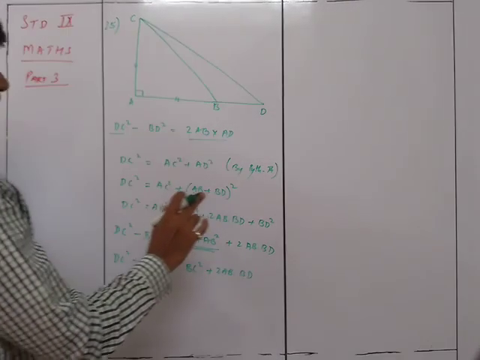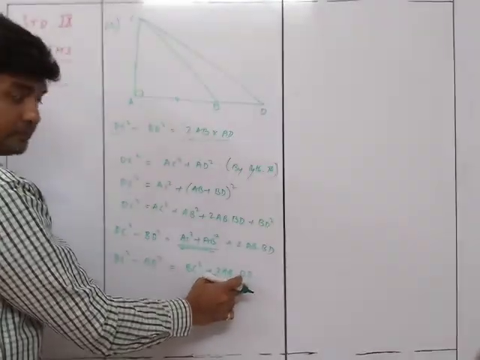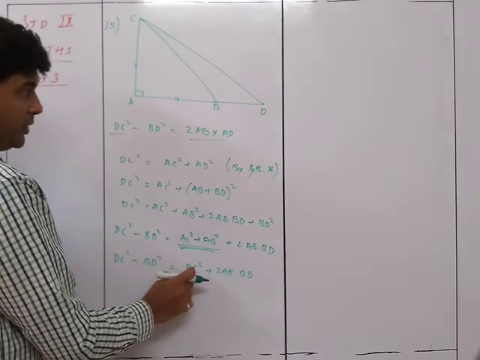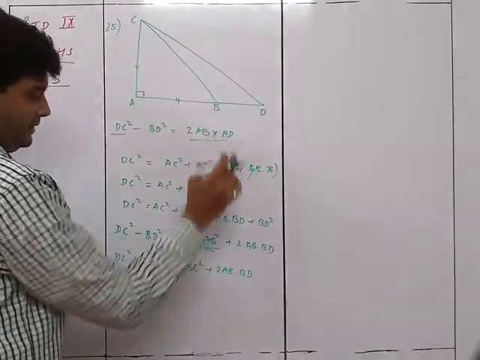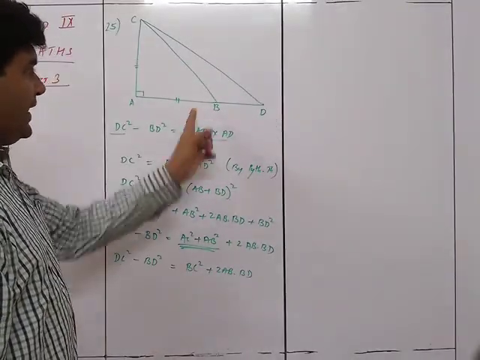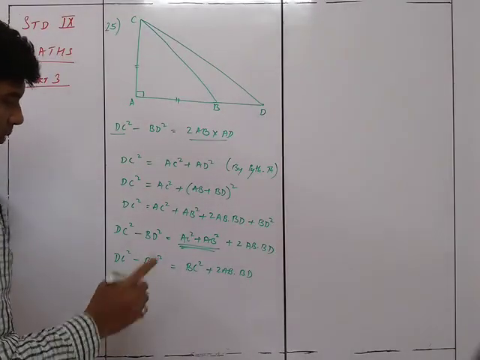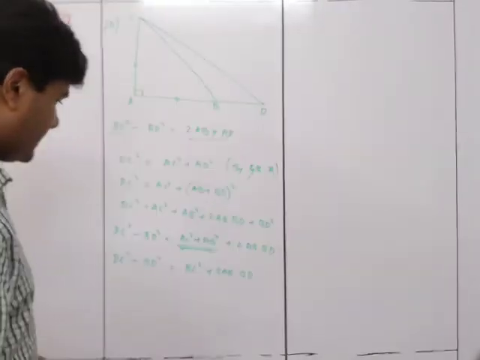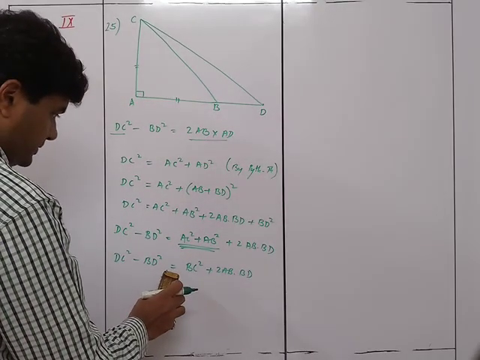Okay. Now what is the problem? Here I need AD. I got BD over here. I got BC here. I got BD over here instead of AD. So if I want to make this BD into AD, what will happen? I'll do one thing. I'll not change this right now. Let me check.